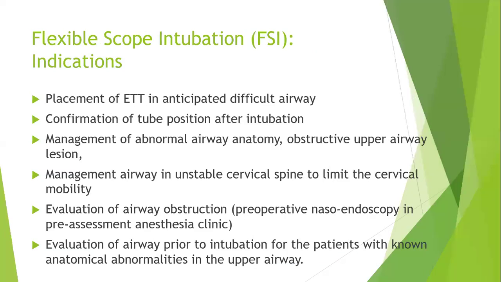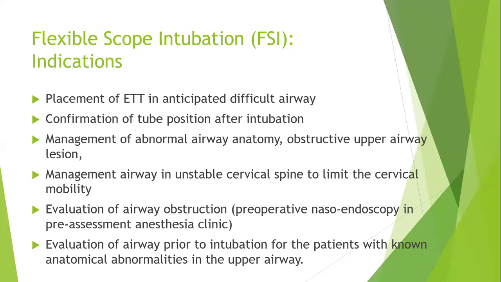The other way to secure the airway in the ICU, and don't forget the reason why airway management is unique in the ICU, is flexible scope intubation, your fiber optic. It is indicated in anticipated difficult airway for placement of your ETT. You can use it to confirm correct placement of your endotracheal tube.